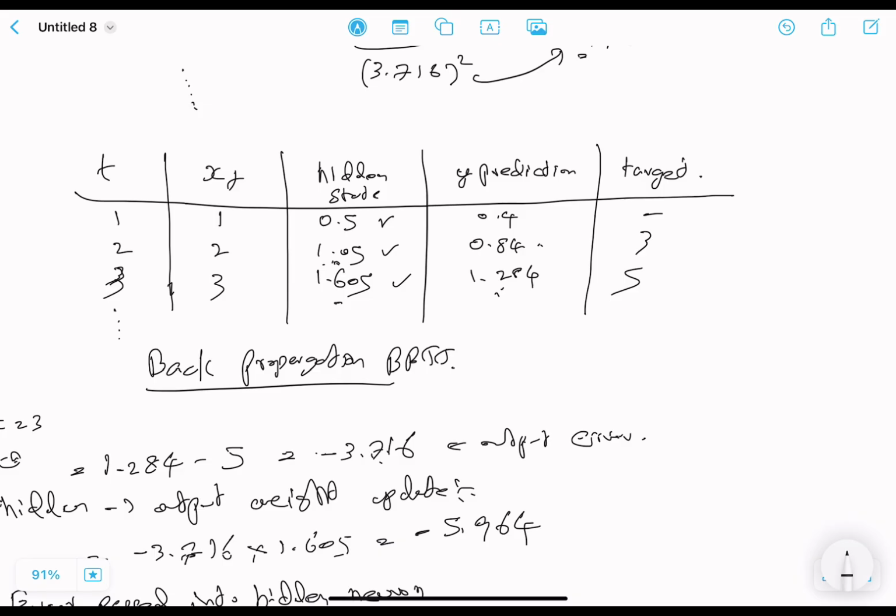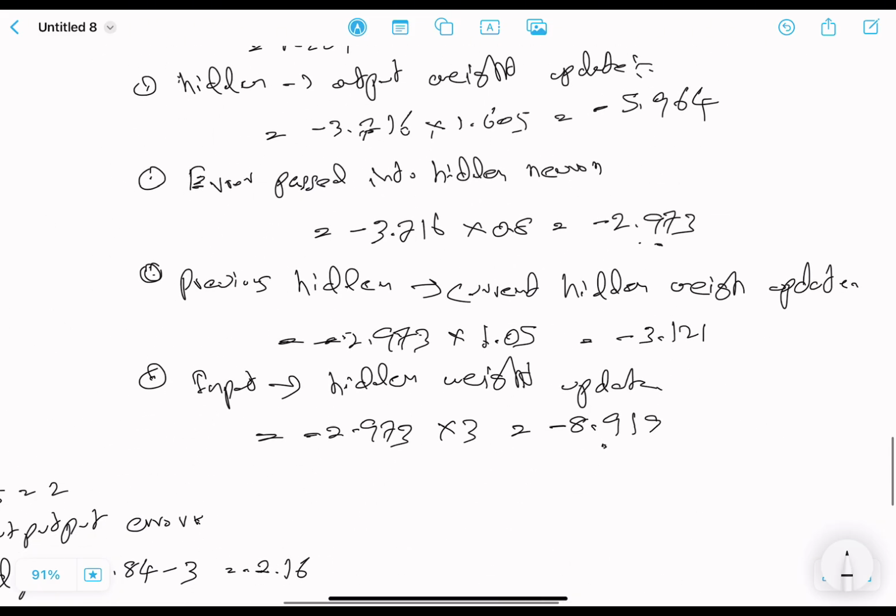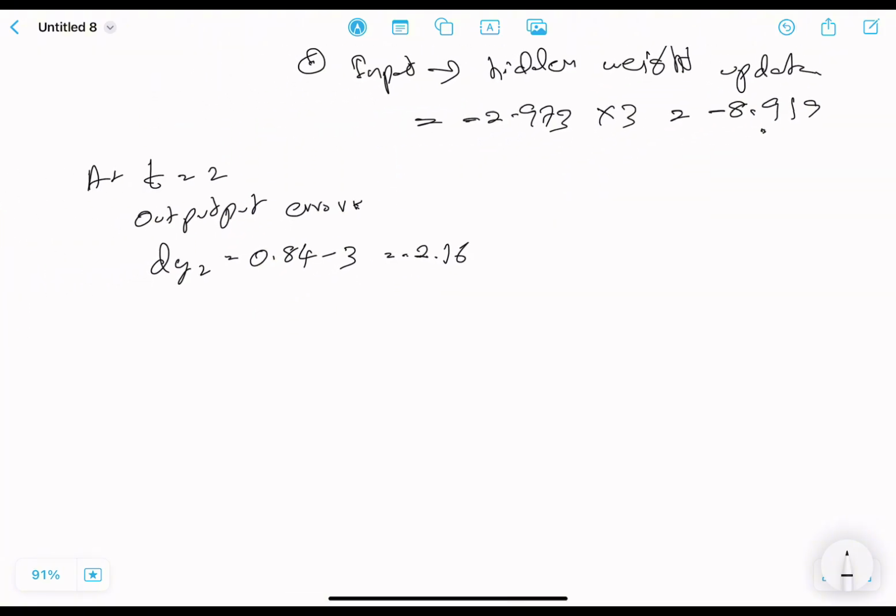Hope you also understand why we keep these records in the neural network program: we need them later for the backpropagation steps. So this is the error at t2. In case you are wondering what this minus 2.16 is, it means the output was too low by 2.16, right?